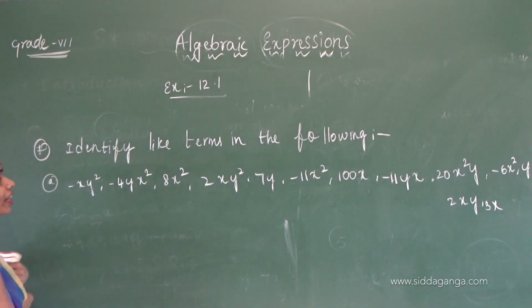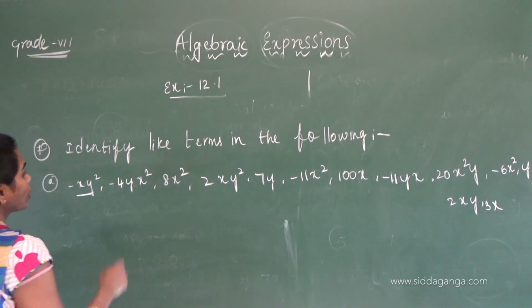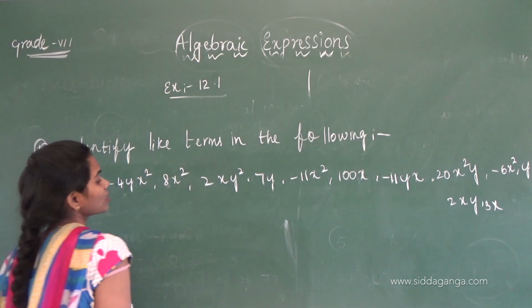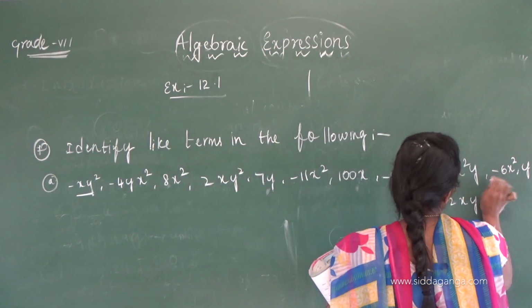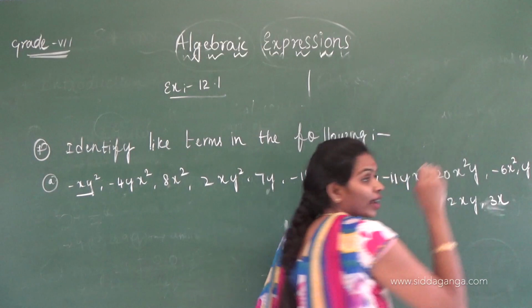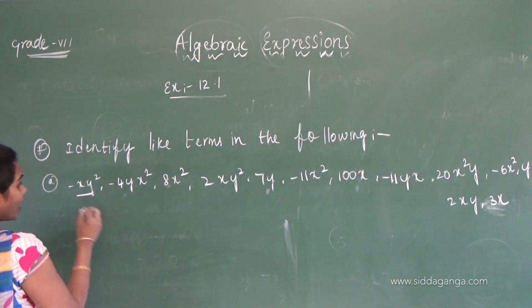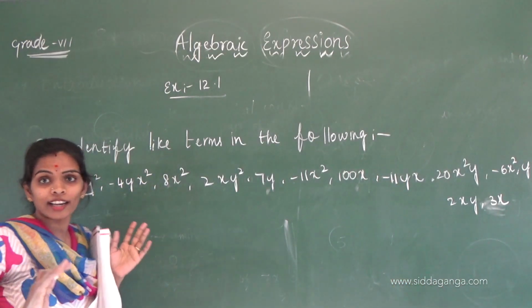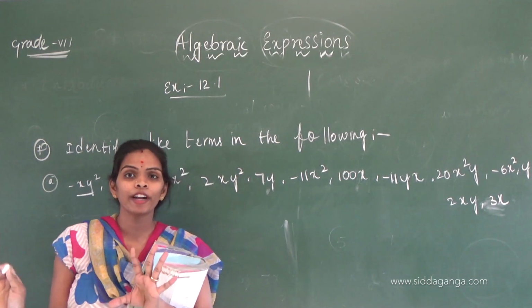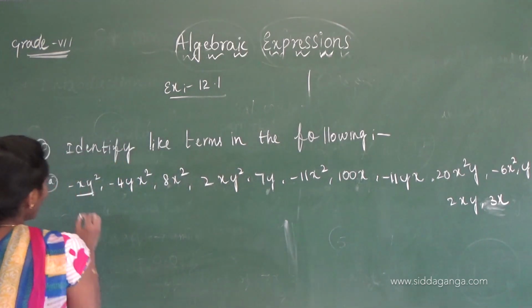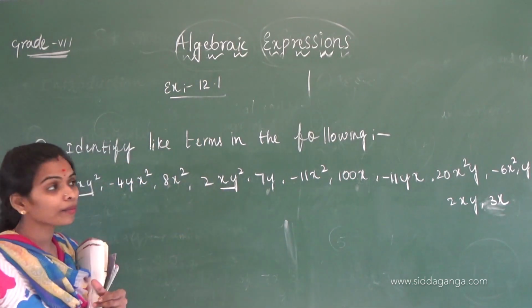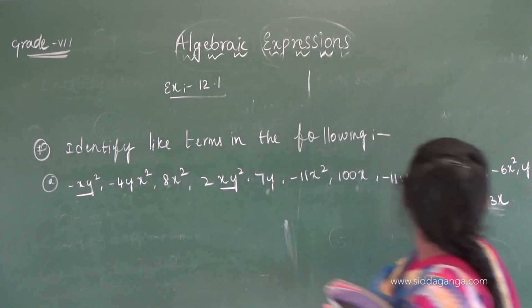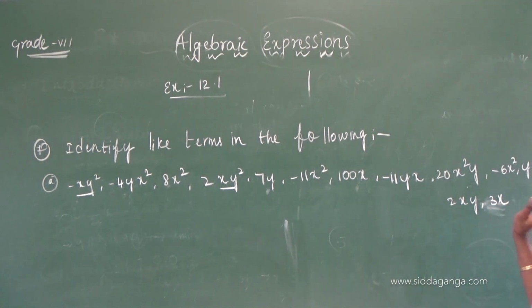Okay, see here how many types are there? One is x square y, xy square, yx square, x square, y, x, xy. Correct? Here xy square, no xy square is there, correct?